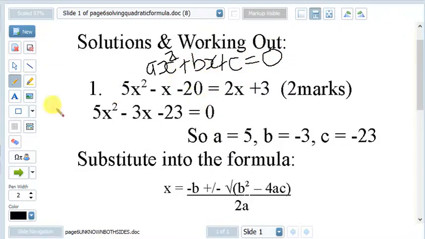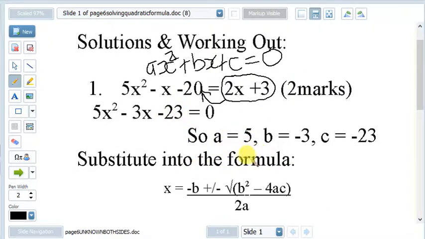So what we've got to do here is move this side over to this side and change side, change sign. The positive 2x plus 3 become negative 2x minus 3. So therefore we take away 2x to get minus 3x, and we take away another 3 to get the minus 23.